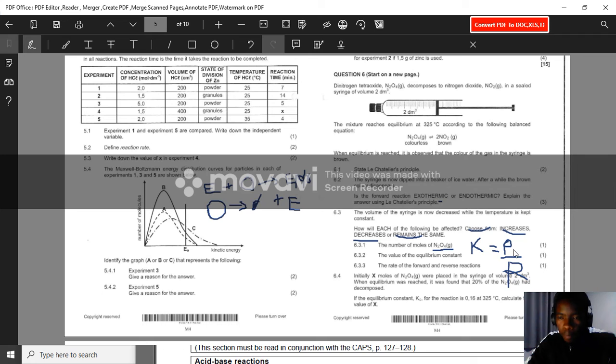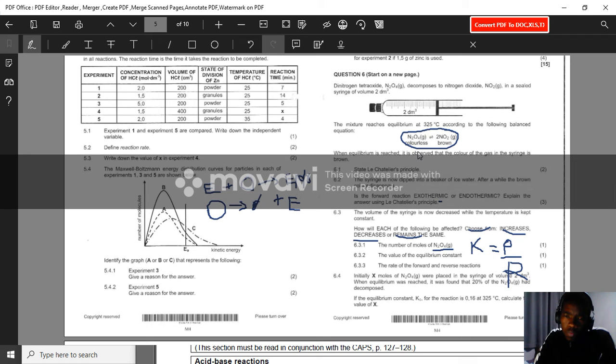So if the amount of product is changing and the amount of reactant is remaining the same, the Kc will basically change. But in this case, when I'm decreasing the volume, I'm decreasing the volume for the whole system.